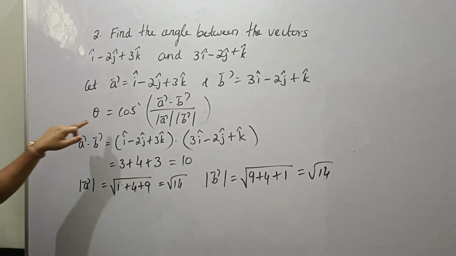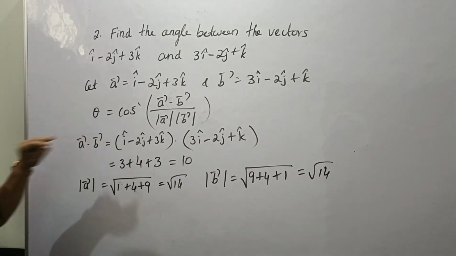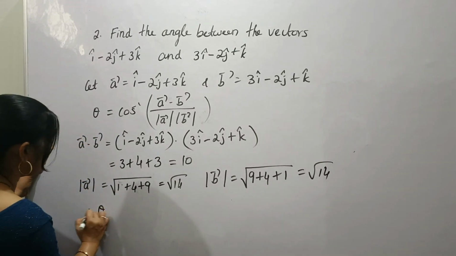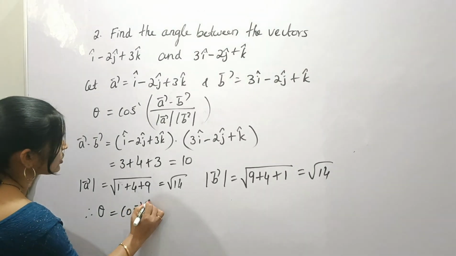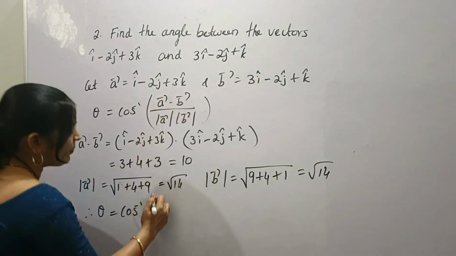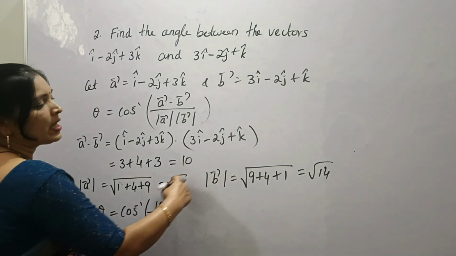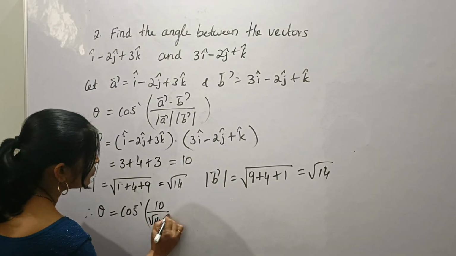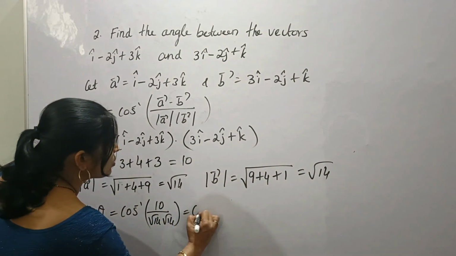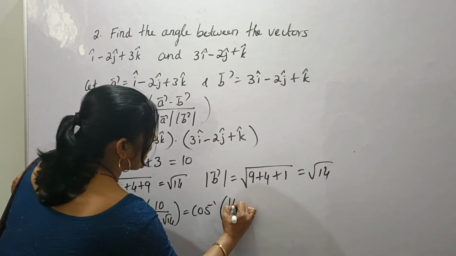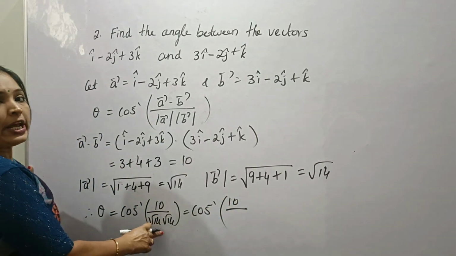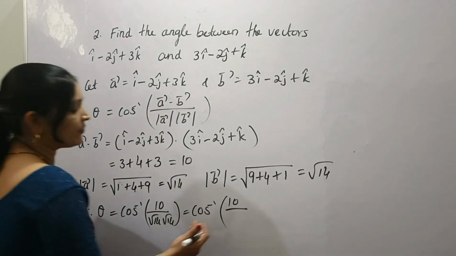Now let's find theta, the angle between vector A and vector B. Therefore theta is equal to cos inverse of vector A dot vector B, which is 10, divided by square root of 14 into square root of 14. That is equal to cos inverse of 10 divided by 14 itself, right?